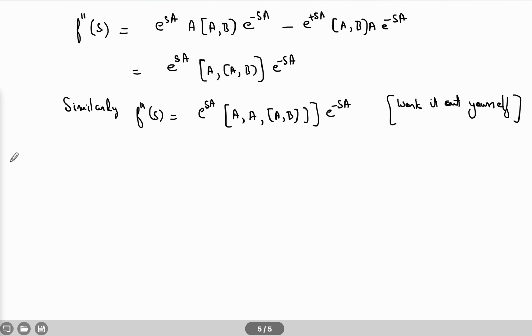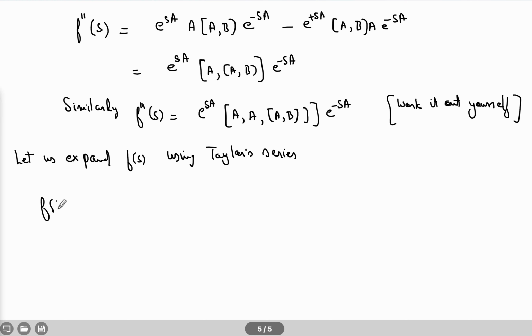So now let us expand f of s, the original function, using Taylor series. What do we get here?